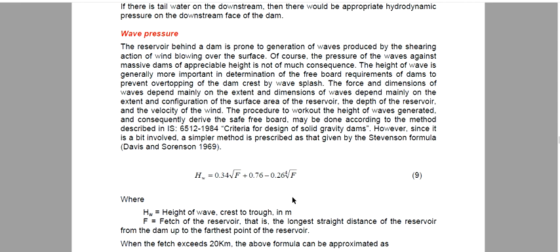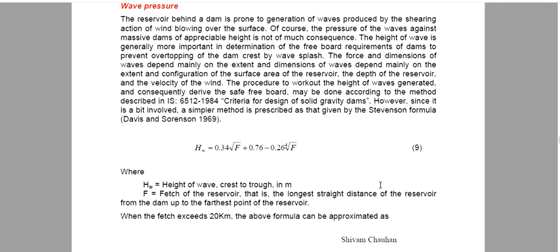This formula was given by Stevenson, so it is known as the Stevenson formula, and it is valid only when the fetch of the reservoir does not exceed 20 kilometers.